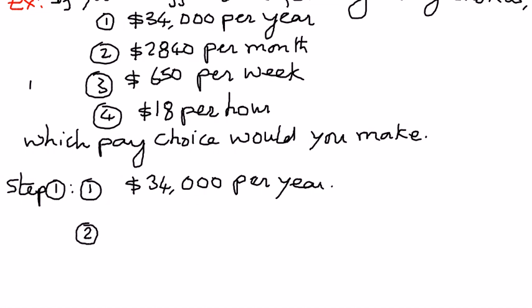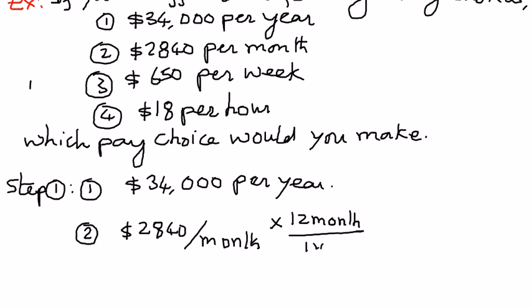On the second choice, we are paid $2,840 per month, and since there are 12 months in a year, we're going to say 12 months divided by 1 year.